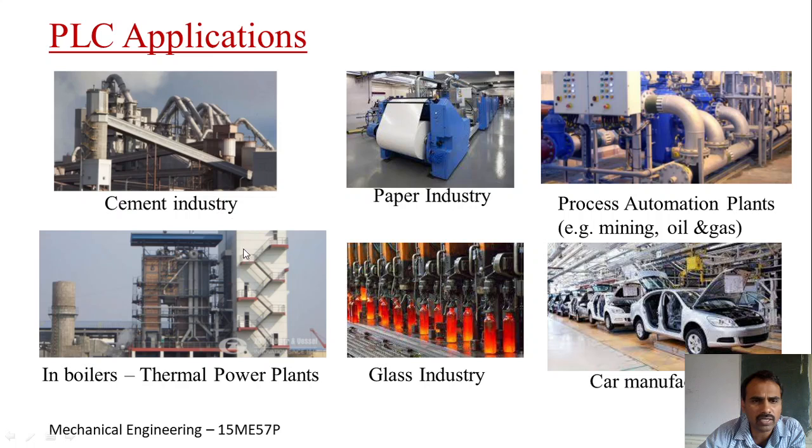PLCs operate in very harsh environments, with a lot of dust and very high operating temperatures. Because of these advantages, PLCs are used for automation and process automation. Okay, thank you.